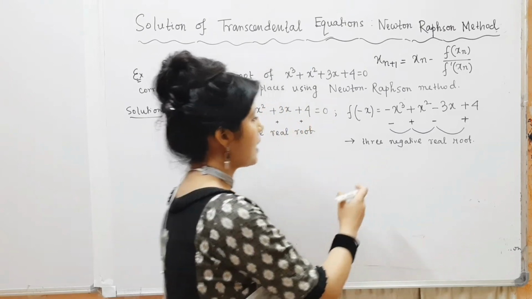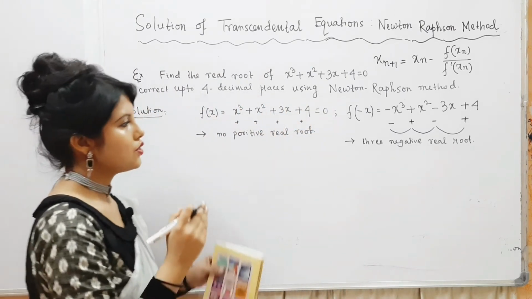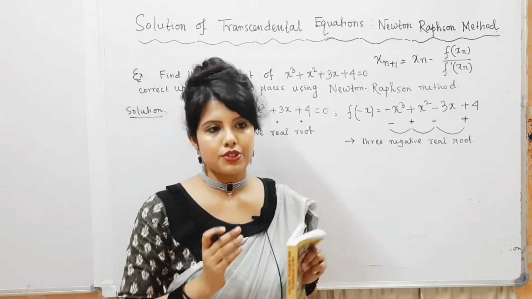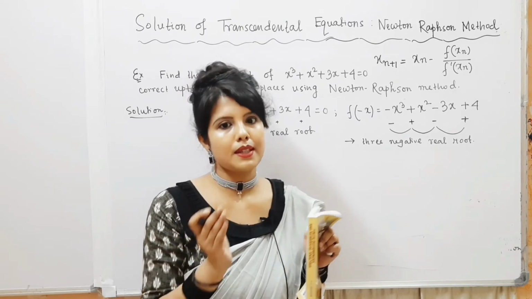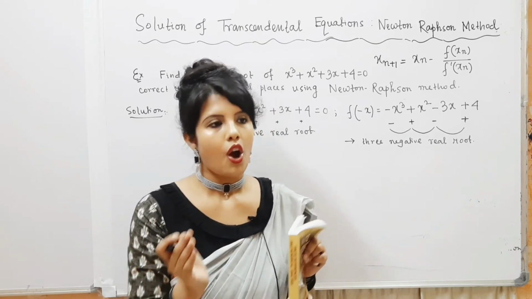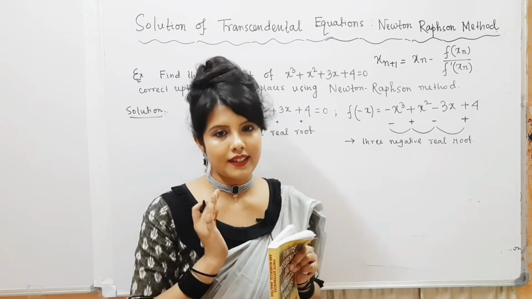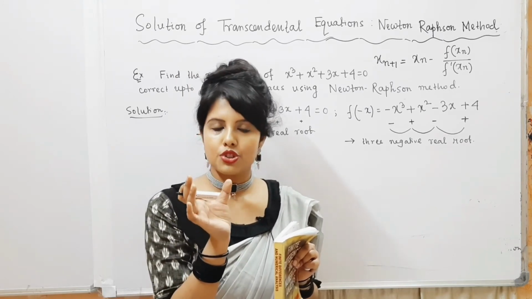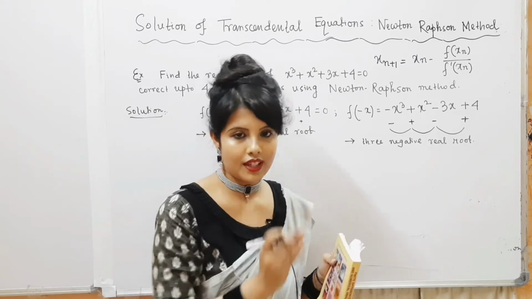Therefore all the real roots are negative. So you have to choose a negative range, suppose minus 1 to minus 2 or minus 2 to minus 3, because the root should lie in a negative range.